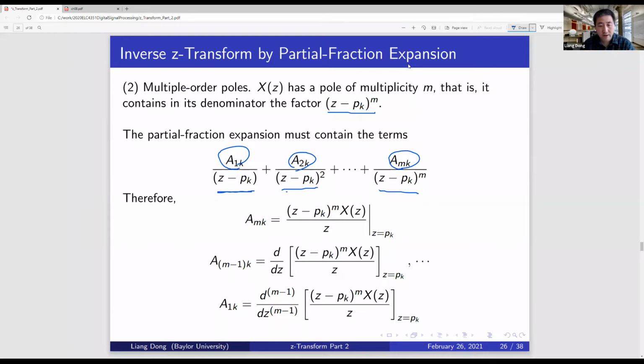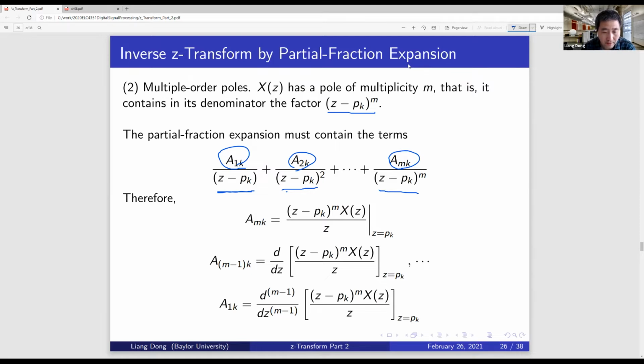So we divide this into that many terms. Only the denominator has the variable z. On the numerator, those are all coefficients. It's just a number. And then we want to find those coefficients. For the poles of multiplicity m, I need to find all these m coefficients.